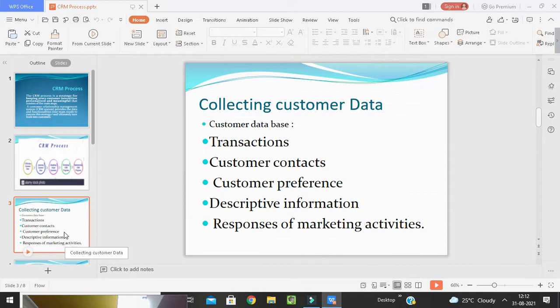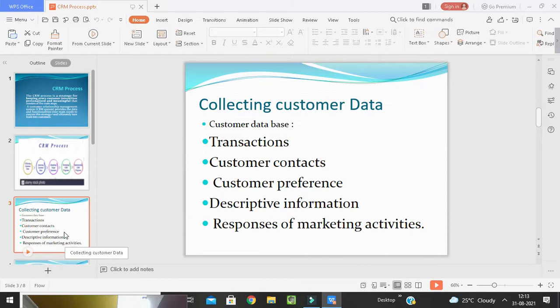Then customer contacts. Once a company starts sending its product, it will also keep a feedback form where the customers will put their ID, email ID, name, and contact number, and this is data for the company.